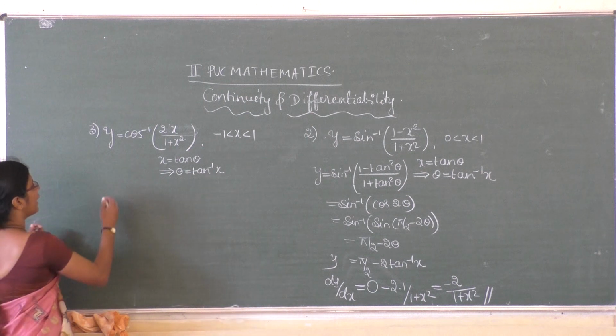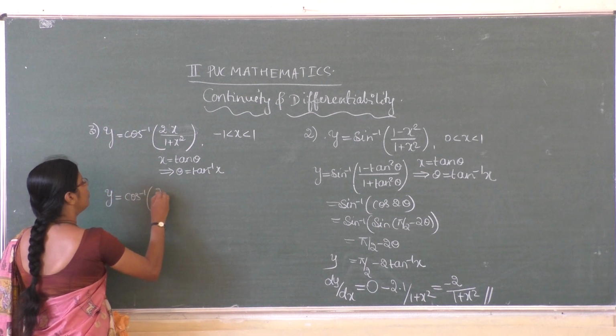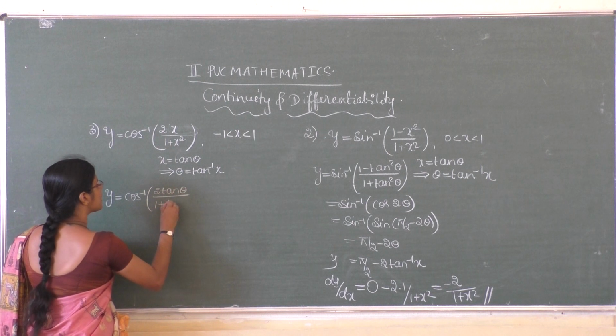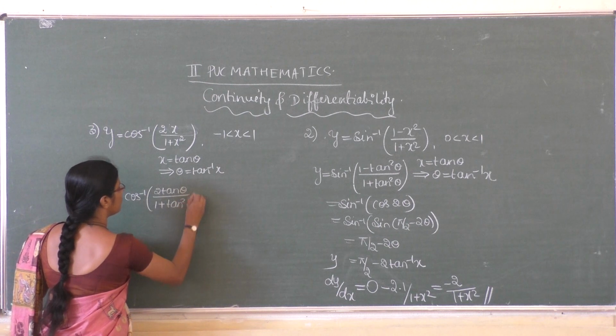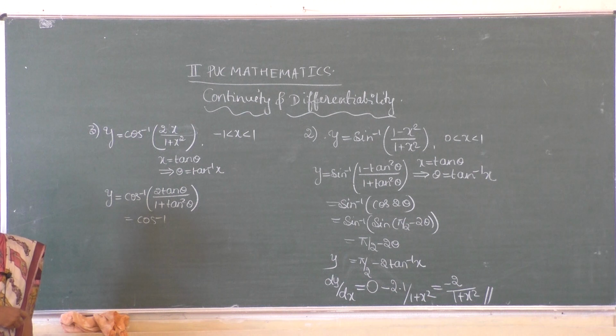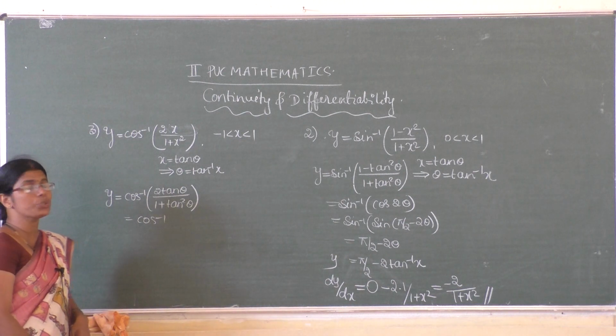So here put x equal to tan theta, which implies theta equal to tan inverse of x. Okay, so here we get y equal to cos inverse of 2 tan theta divided by 1 plus tan square theta. As we know, 2 tan theta by 1 plus tan square theta is nothing but sin 2 theta.